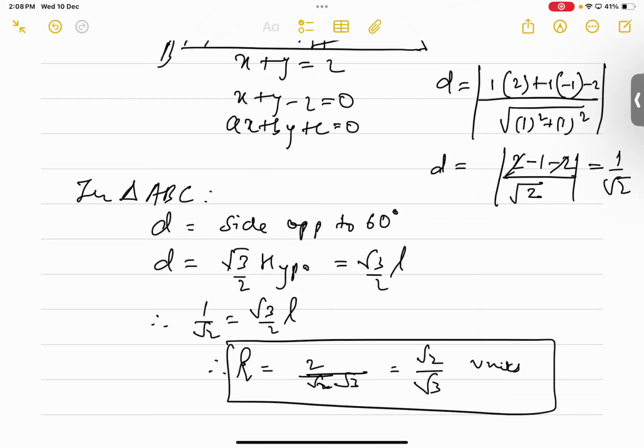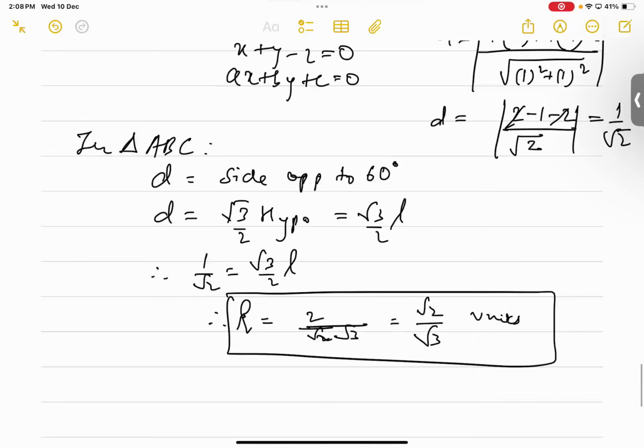Half of the hypotenuse. Okay. Any doubts in this particular question, you may please ask.